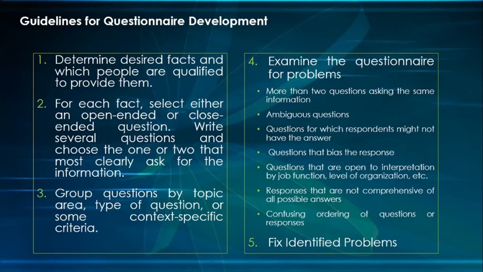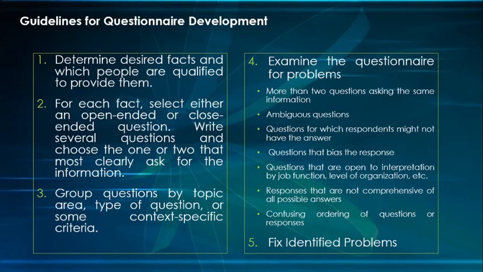And number 4, you examine the questionnaire for problems. Several problems may include two questions asking the same information, some ambiguous questions for which respondents might not have the answer, questions that have a bias in their response, questions that are open to interpretation by job function, level of organization, et cetera.